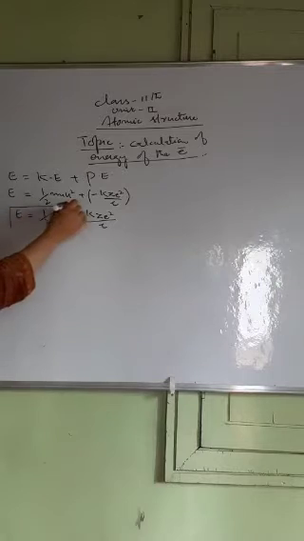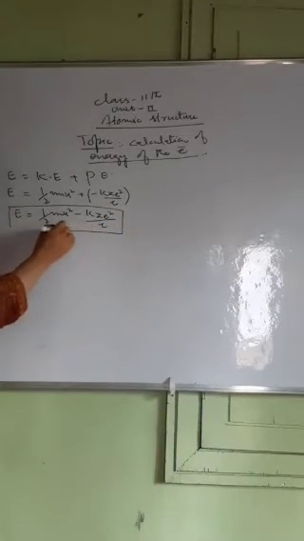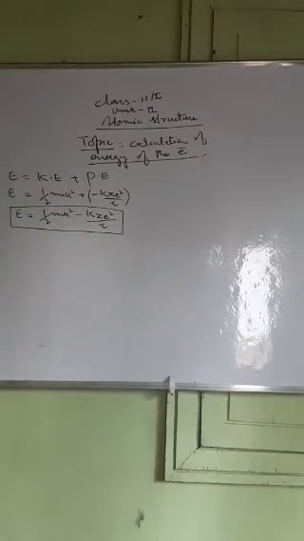Now we know that two types of forces act on the electron. One force is the electrostatic force of attraction, because the electron has a negative charge and is attracted by the nucleus. The second is the centrifugal force acting on the electron, which is equal in magnitude but opposite in direction to the electrostatic force of attraction between the nucleus and the electron.